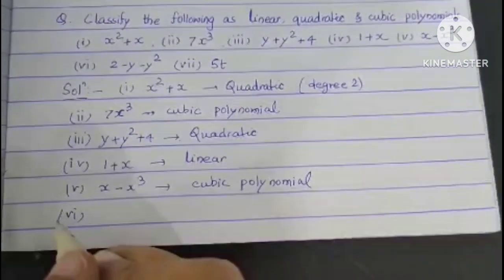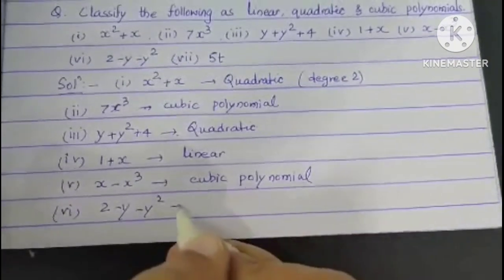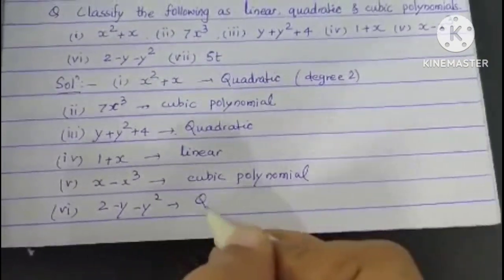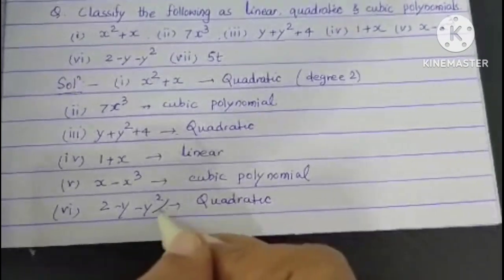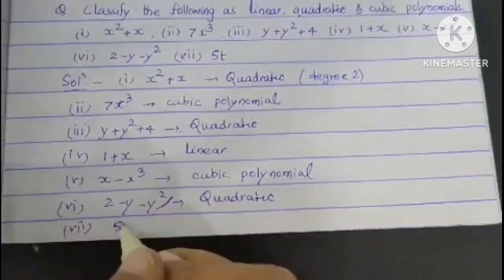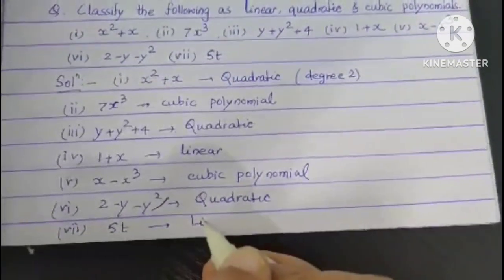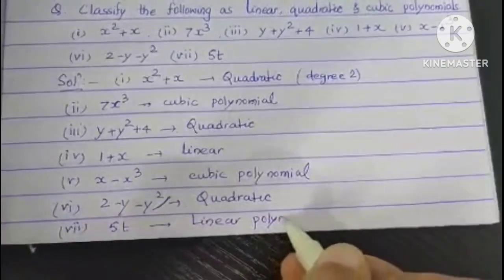Now sixth one is 2 minus y square. This will be a quadratic polynomial, having degree 2. Now seventh one is 5t. This one will be a linear polynomial.